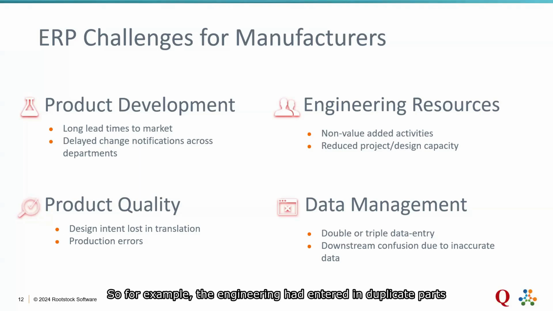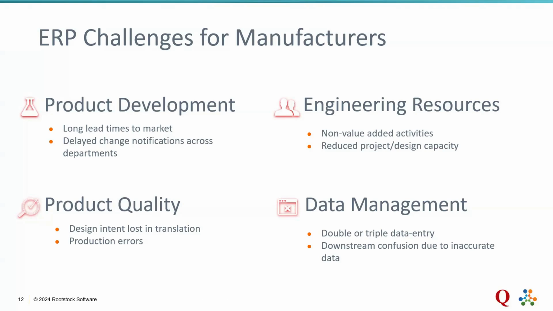So for example, engineering has entered duplicate parts and now the shop floor is creating that product with two parts, spending more money and wasting more resources and time overall. So you can start to see the overall picture here for life without CADLink. There are a lot of areas for improvement, a lot of areas where there are errors, and a lot of areas where we can increase efficiency and productivity overall.